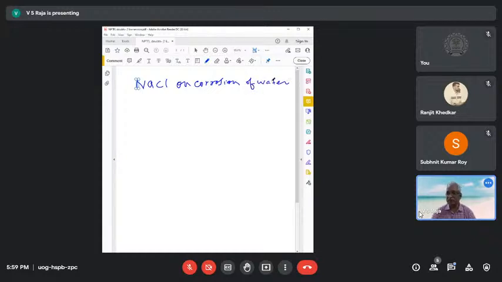This is also taken, I think, from Fontana's book, or maybe from Uhlig's book. Now we see the corrosion rate of steel in water against the NaCl concentration. The corrosion rate goes up, and the maximum goes like this.